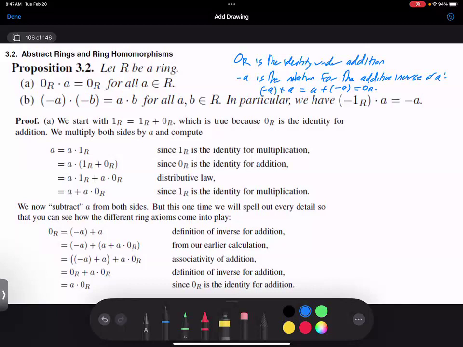So that's what the notation means. When we do multiplicative inverses, how would we write the multiplicative inverse of A? A to the minus 1. So again, it's just important to think of the notation we use. Notation should be good, right? Negative A times negative B should just be A times B. You know, we would hope for something like that. That's what property B is saying.